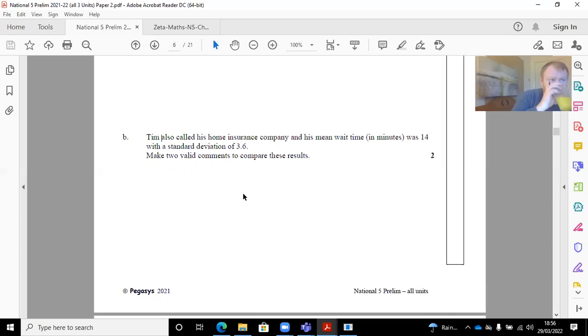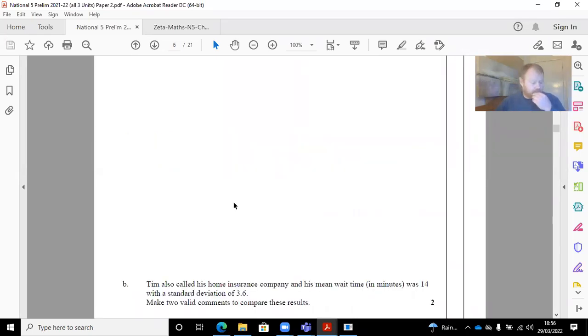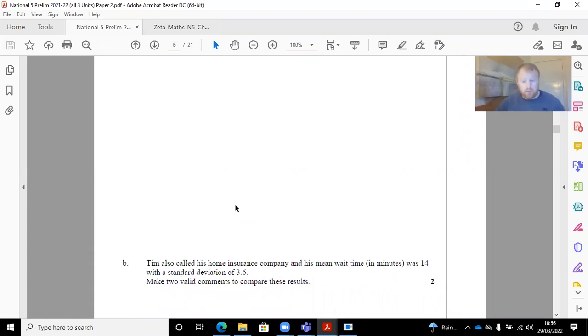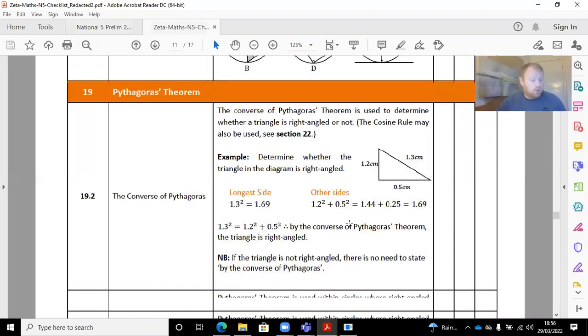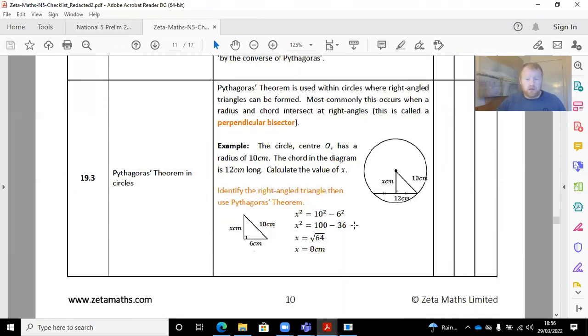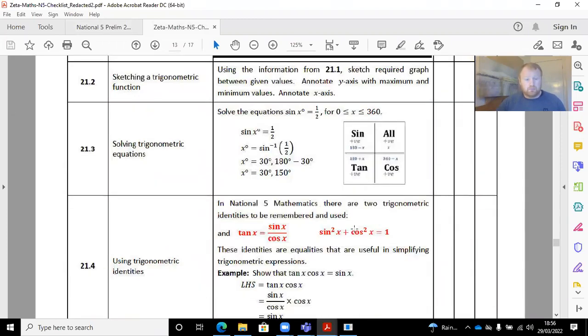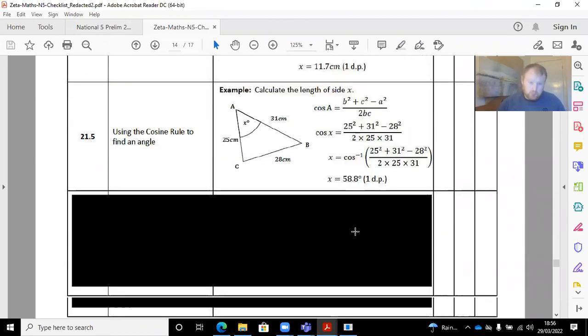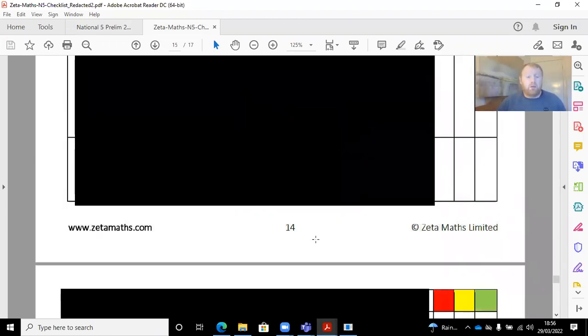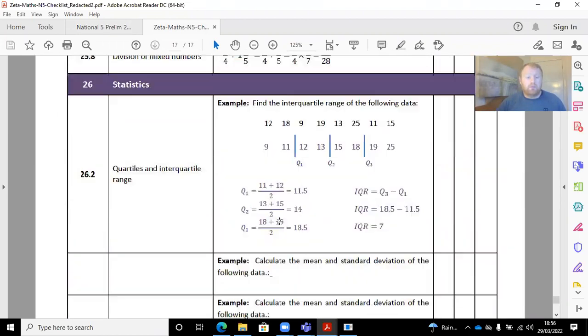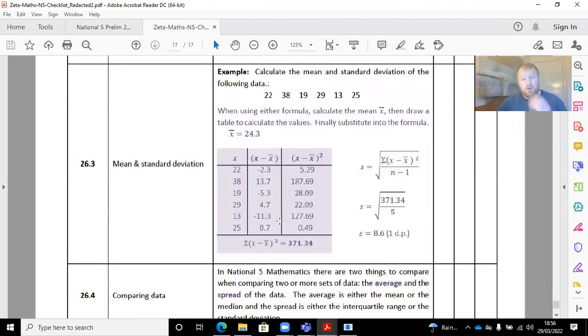Any questions on standard deviation? Remember the equation at the front of the paper? In fact, I'll show you that. So that was section 26.3.